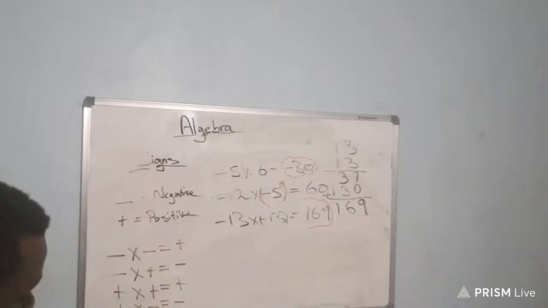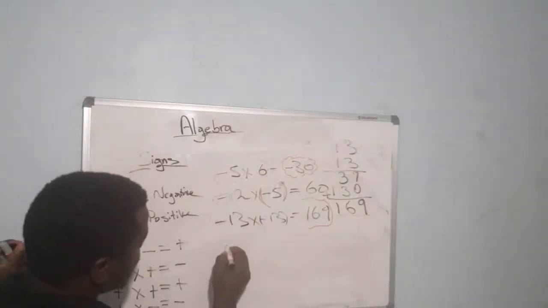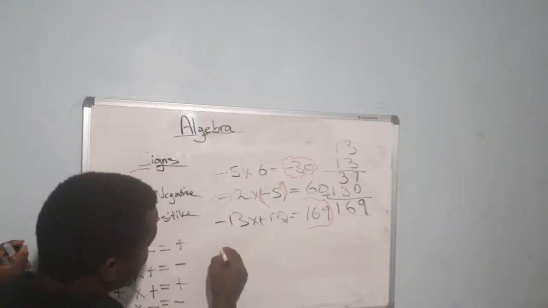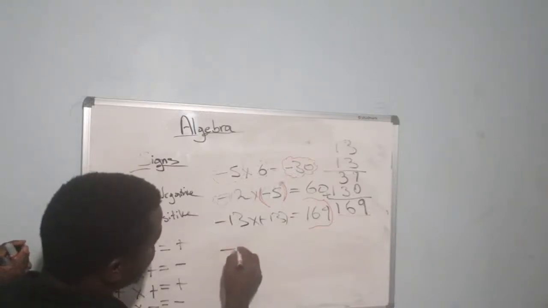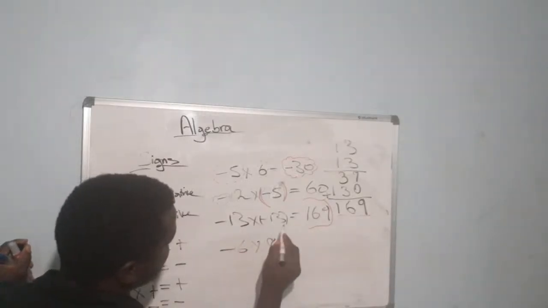Alright? Now moving right along. And if I should multiply, for instance, negative 6 times 8.